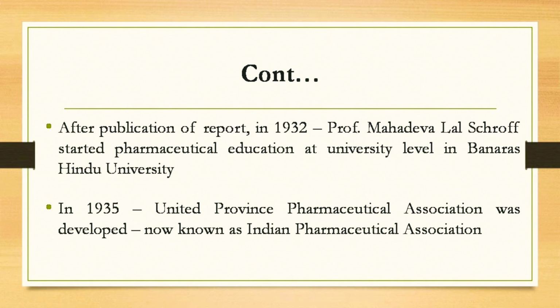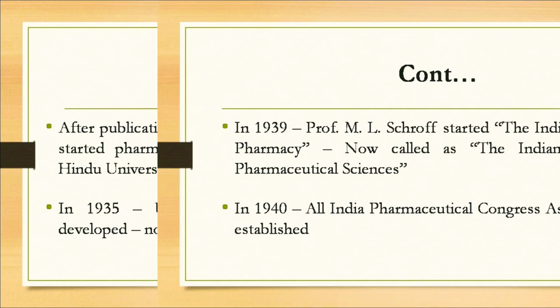After publication of the report of this Drug Inquiry Committee, in 1932, so this is also after 1 year, Professor Mahadeva Lal Shroff started pharmaceutical education at university level in Banaras Hindu University. Furthermore, in 1935, the United Province Pharmaceutical Association was also developed, which is nowadays called the Indian Pharmaceutical Association.